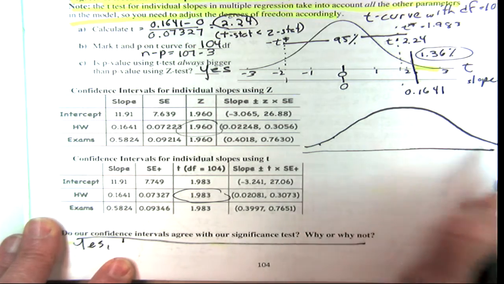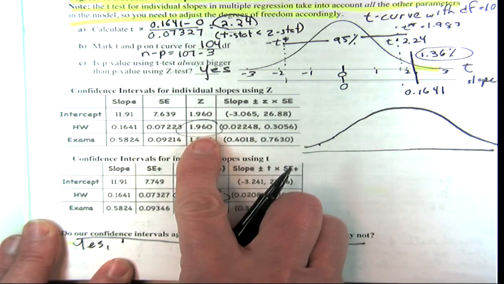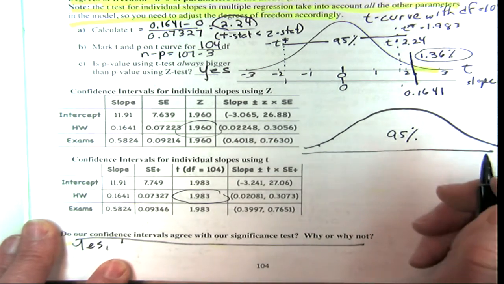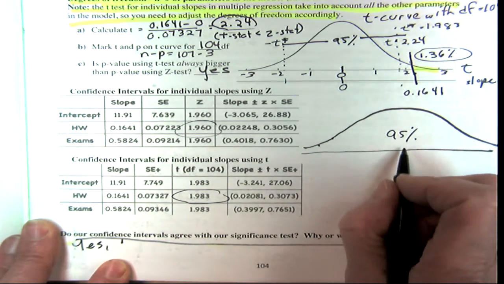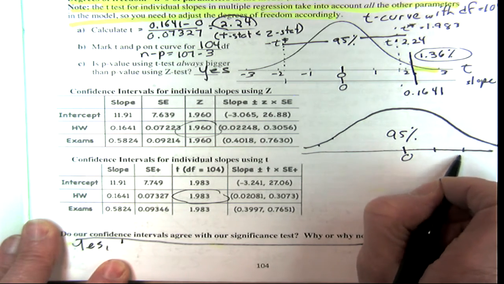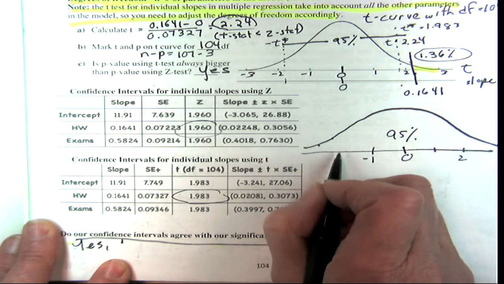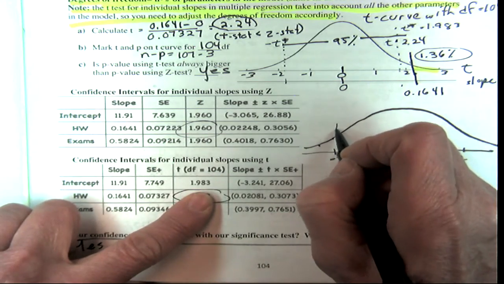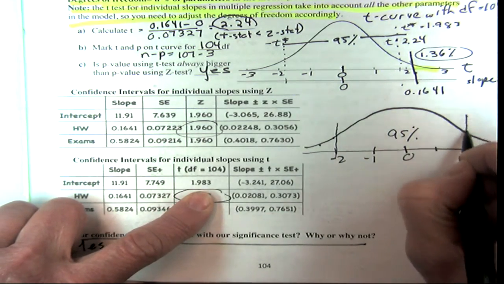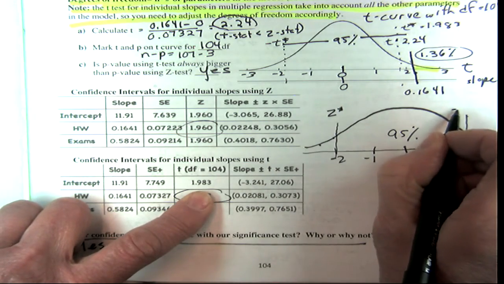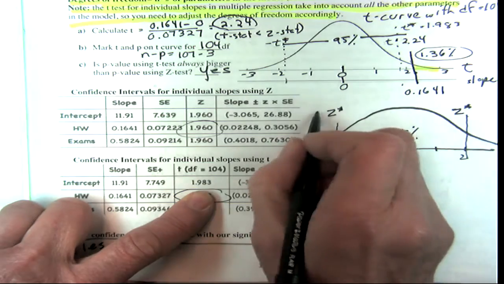Okay. So now what does this mean? It's saying that 95% of the area of the curve is between what? Basically 2 and negative 2. It's not quite 2, it's a little bit smaller than 2. It's z star and negative z star.